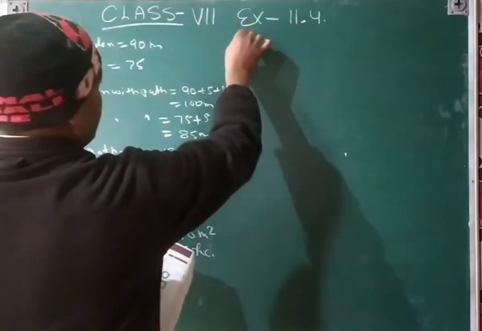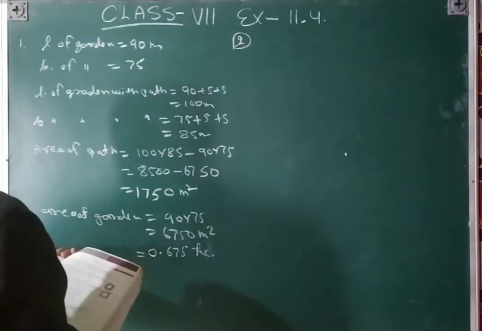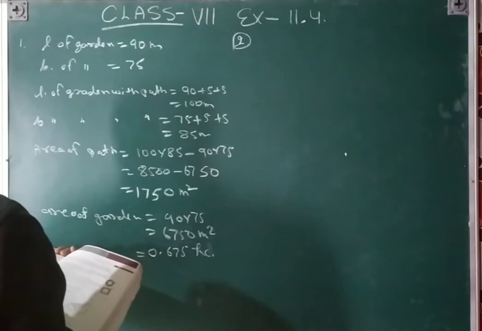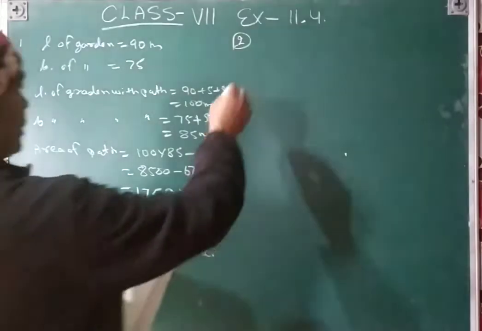Question number 2: a 3 meter wide path runs outside around the rectangular park of length 125 meter and breadth 65 meter. Find the area of path. Same question as that one.